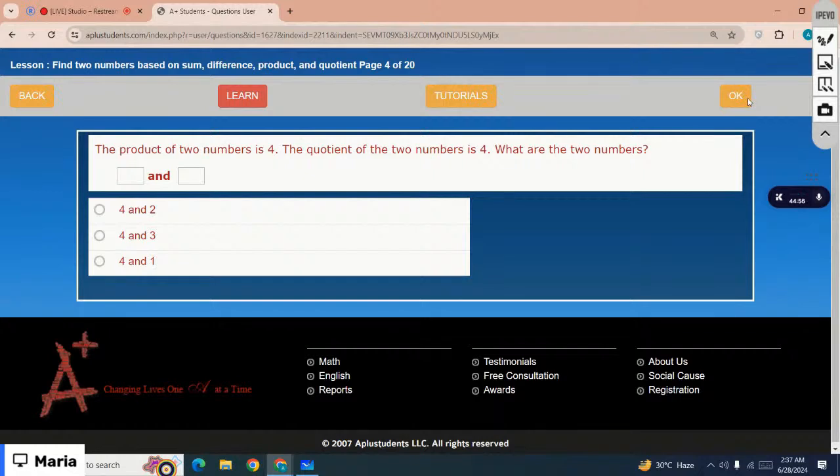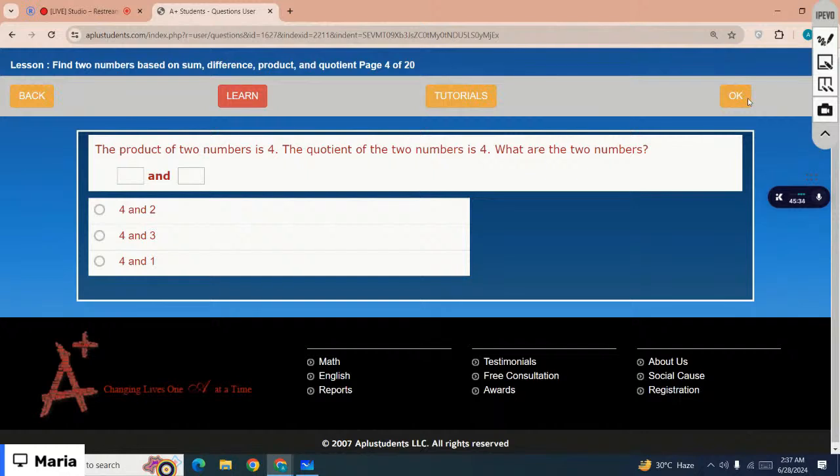That is 4 and 1. Option number 3 is the correct option because 4 times 1 is 4.